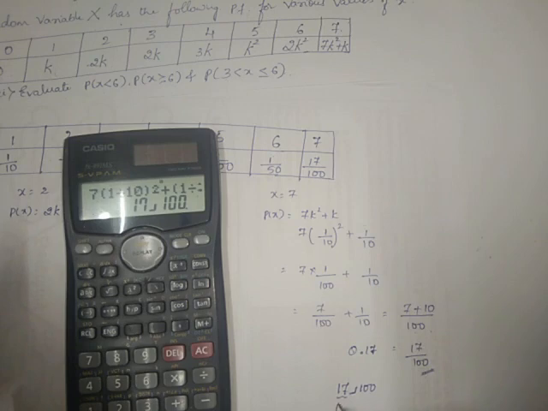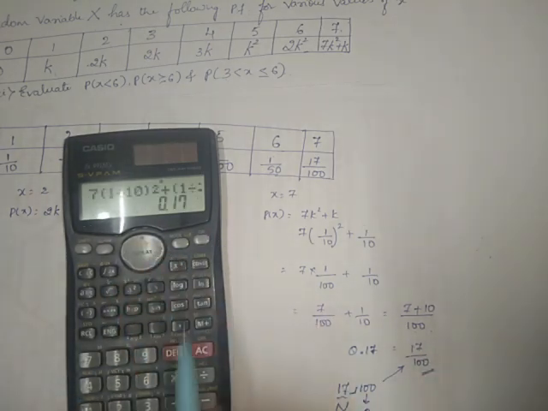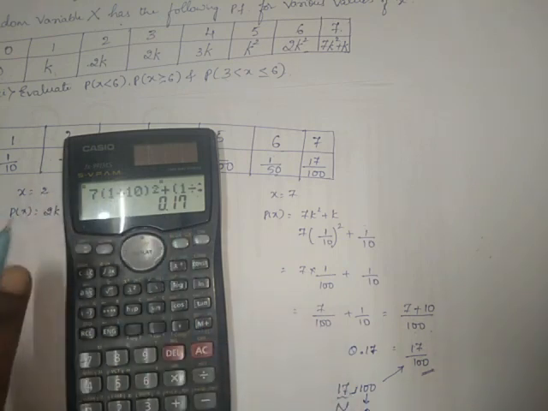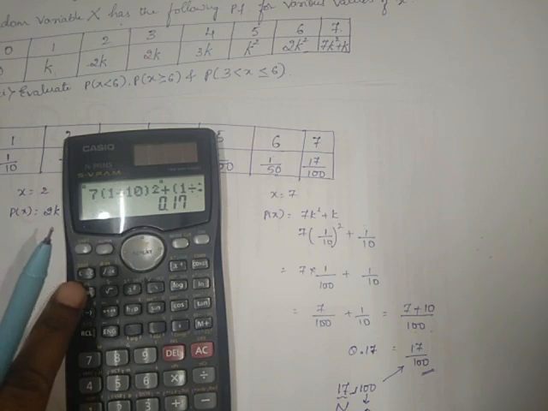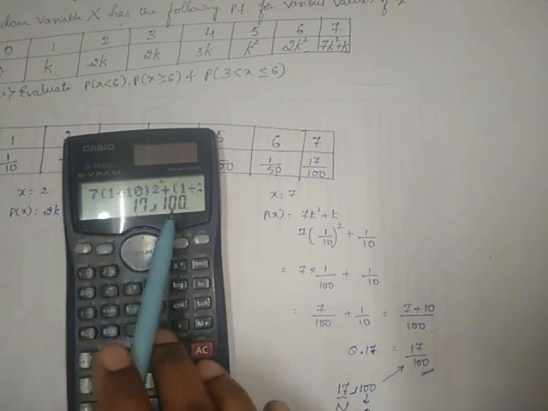This is the numerator, this value is the denominator. Let me show you one more time. The answer we got is 0.17. Press shift, then A B by C. We are converting the decimal value, whatever we have got, into a fractional value. So 17 by 10.